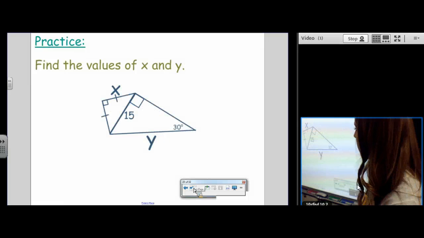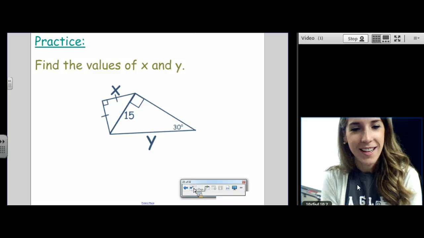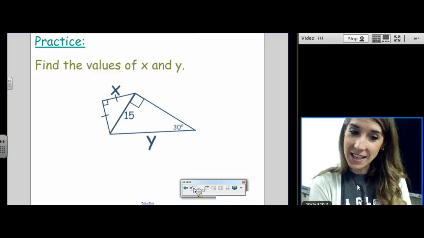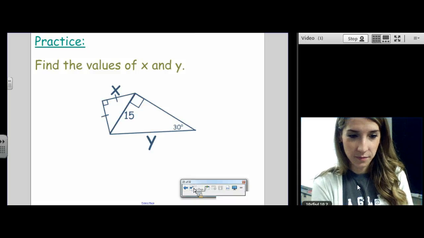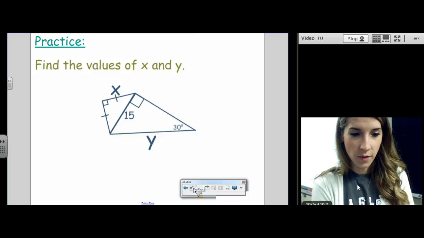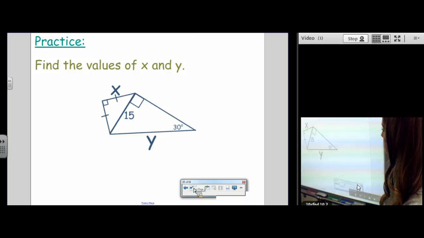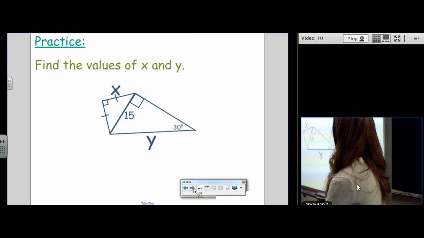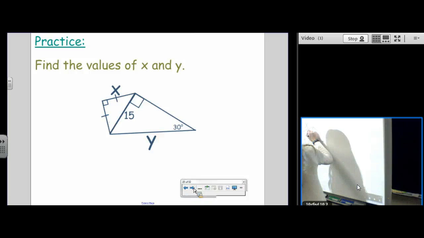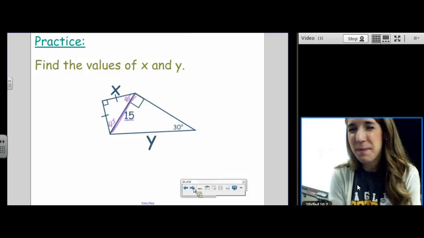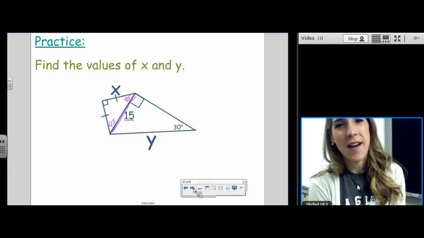All right. Ooh, 2 for 1. We have a 45, 45, 90 and a 30, 60, 90 all in one. Solve for x and y. In our 45, 45, 90 triangle, 15 is the hypotenuse. That's bad news because we have to divide by root 2.